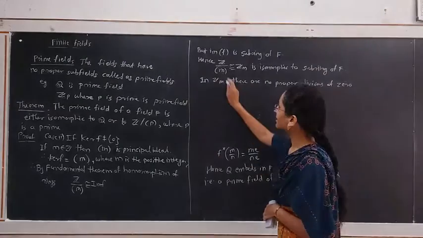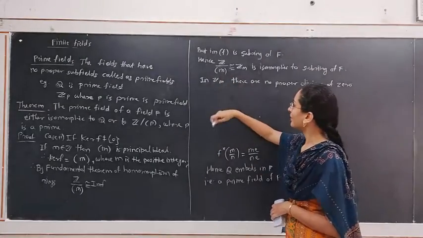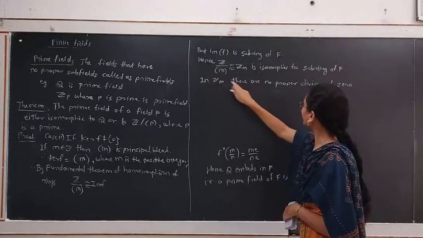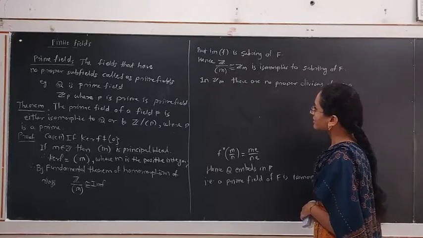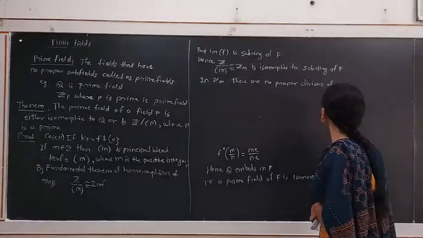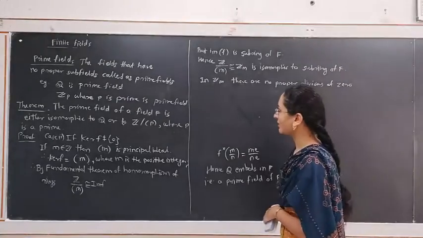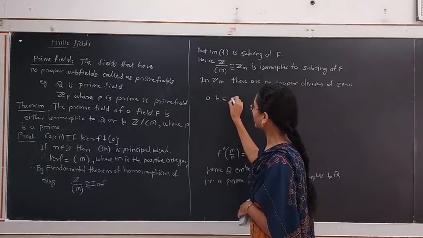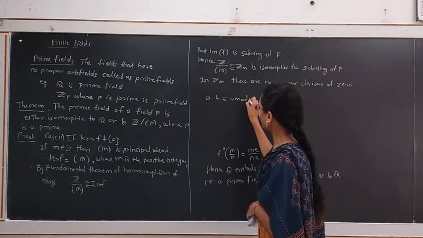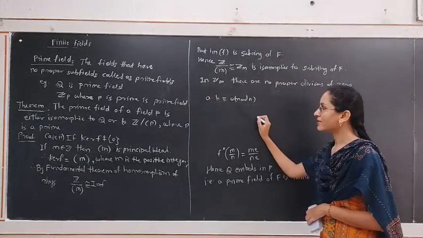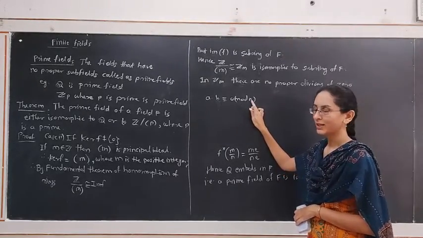Since the ideal generated by m is a principal ideal, in Zm there are no proper divisors of 0. What are divisors of 0? If a into b is congruent to 0 modulo n, then we say that a and b are divisors of 0 modulo n.